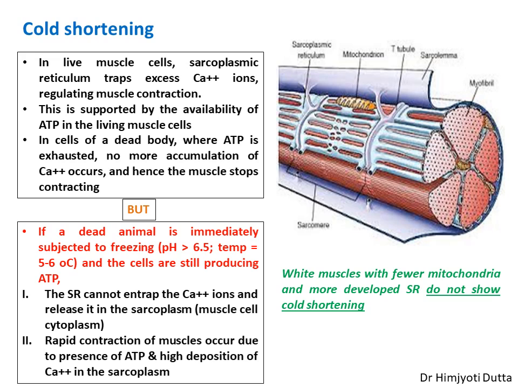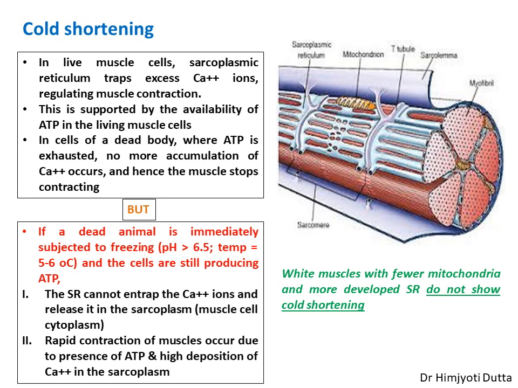So before the rigor mortis has occurred, if you are chilling or cooling down the carcass, then major contraction occurs in the cells. Available ATP and high abundance of calcium ions in the sarcoplasm are responsible for this. This contraction occurring due to immediate chilling of fresh carcass is called cold shortening.